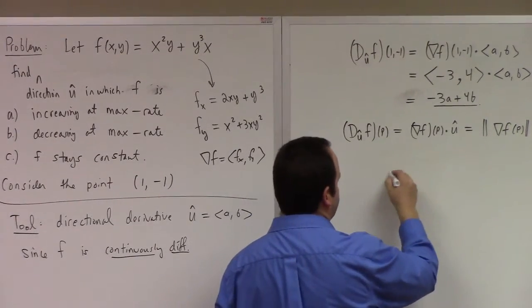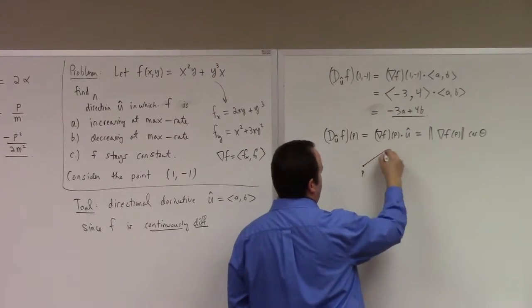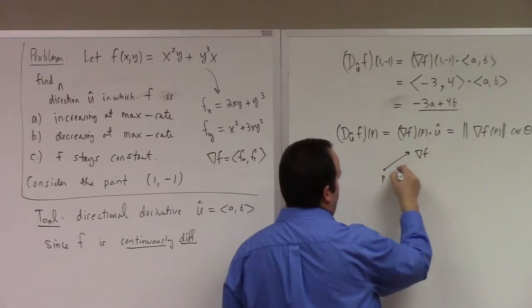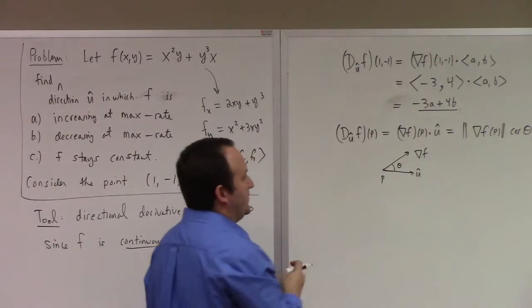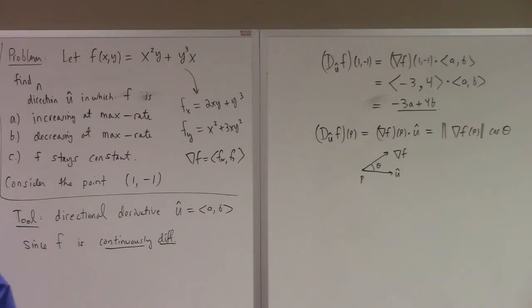If I picture here's my point P, here's the gradient of f, and here's u, and this is the angle between them, that's a formula for the directional derivative, right? So if you want the largest possible value, you pick theta equal to 0. If you want the largest possible negative value, the largest rate of decrease, you pick theta equal to 180 degrees. And if you want the direction along which the function stays constant, you pick 90 degrees, or minus 90 degrees.